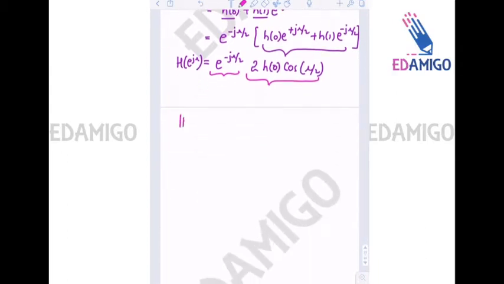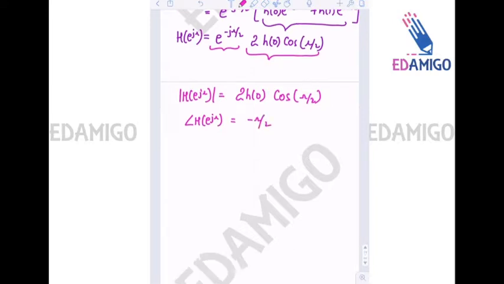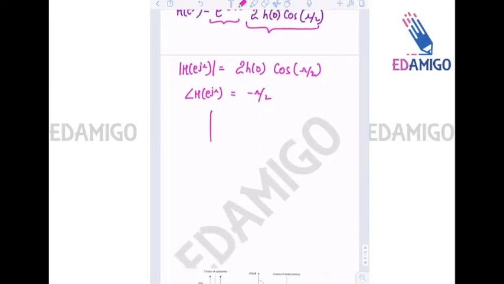So the magnitude is equal to 2 times h0, where h0 is a constant, cos of sigma by 2, and phase is minus sigma by 2. Now if I plot the magnitude with respect to sigma, then 0, pi and 2 pi are here.